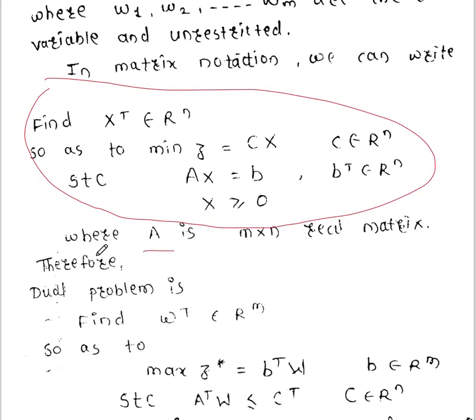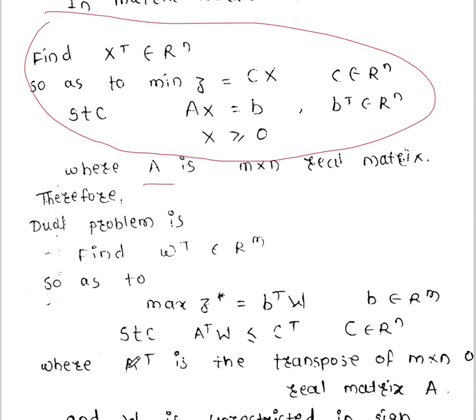Then the dual of this problem can be written in matrix form as: find w, here we have to find the dual variables, w transpose belonging to R raised to power m, so as to maximize z star equal to b transpose w, subject to the constraints A transpose w less than or equal to c transpose, where A transpose is the transpose of the m cross n real matrix A.